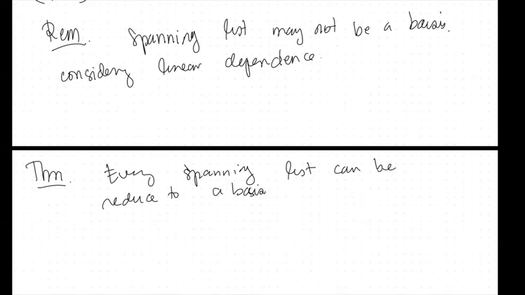So from V1, if V1 is 0, delete it. If V1 is not 0, just let it be. And then for step J, if V sub J is in the span of the remaining vectors, then delete V sub J from the list.